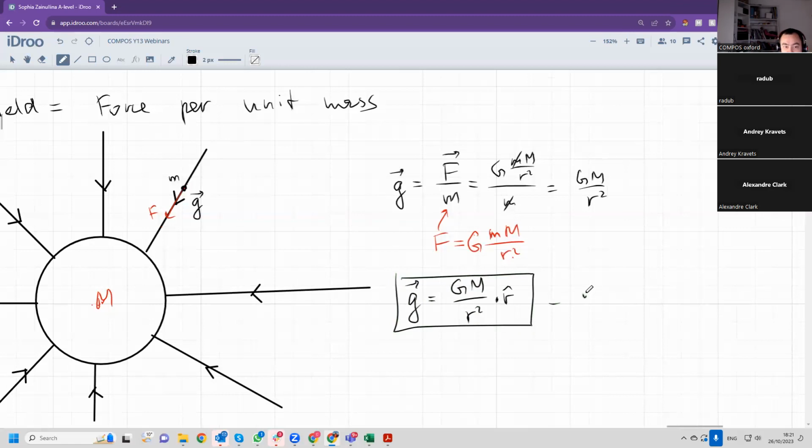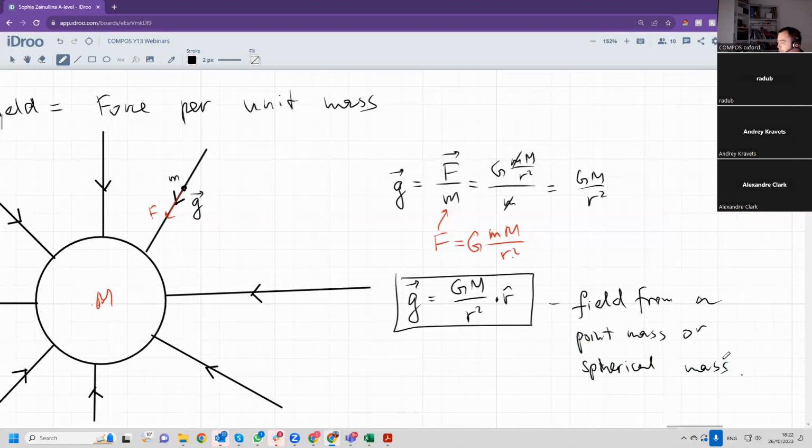This is the gravitational field from a point mass or a spherical uniformly distributed mass, such as a planet.